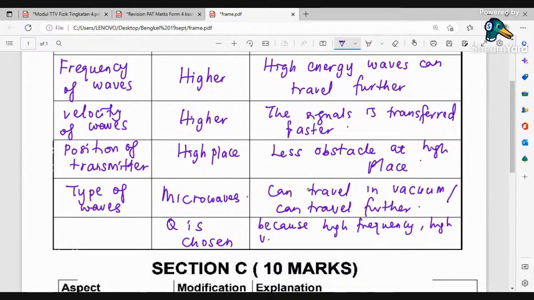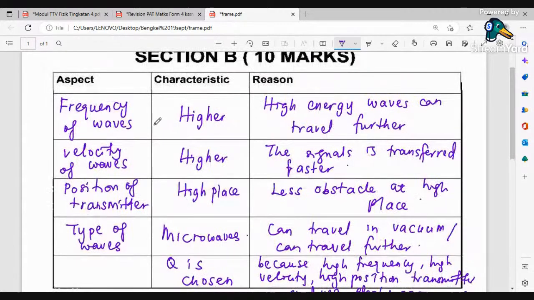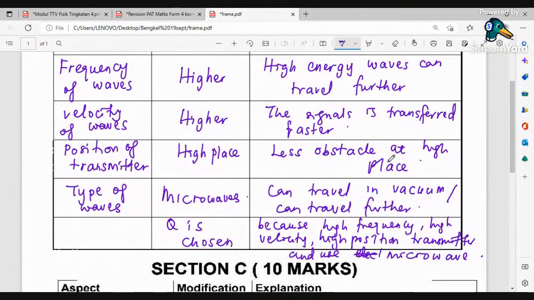Okay, high velocity, high position transmitter, and use electromagnetic wave ataupun use microwave. Okay, so this is the complete. Okay, as usual, aspect here cannot repeat, but reason can repeat if suitable. Okay, so you get 10 marks for this one.